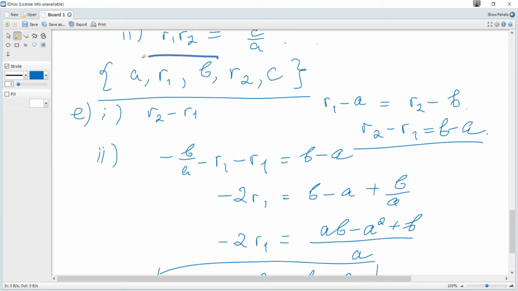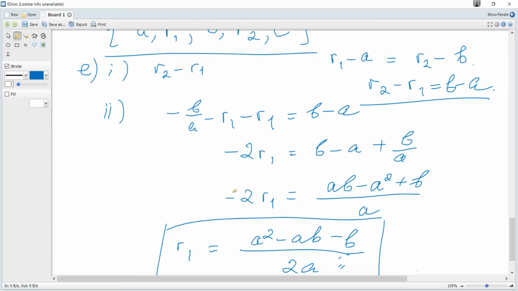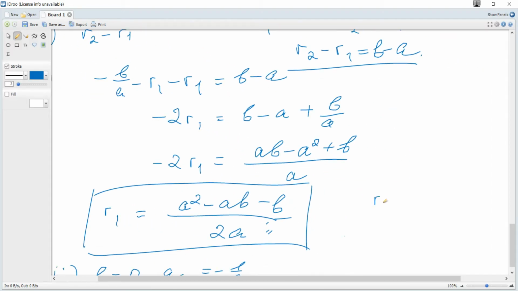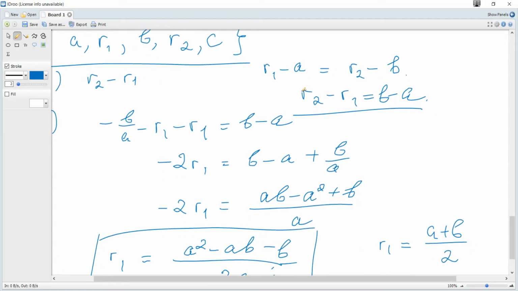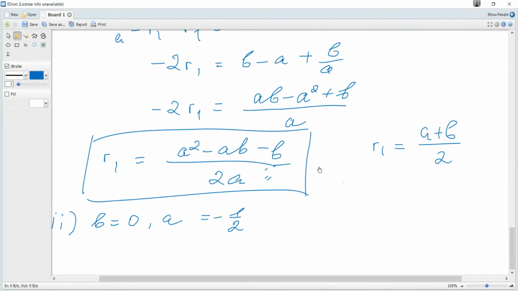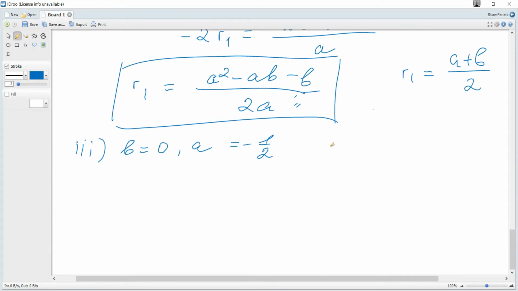We can consider these three terms, and R1 is the average of A and B. So let's use that R1 is A plus B over 2, and let's equate.